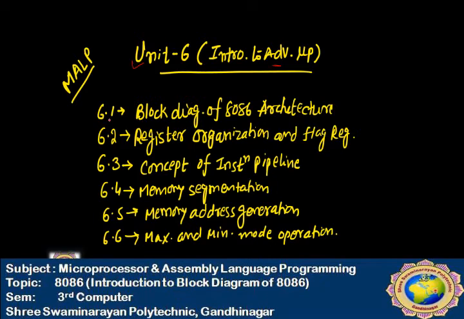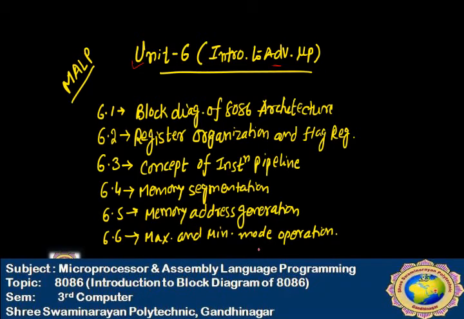In this last session we discuss 6.1, the topic as per your syllabus, a block diagram of 8086 architecture. Then 6.2 is the register organization and flag register, similar to the 8085. Then 6.3 is the concept of instruction pipeline. Then memory segmentation and its address generation. And the last topic is the maximum and minimum mode of operation.